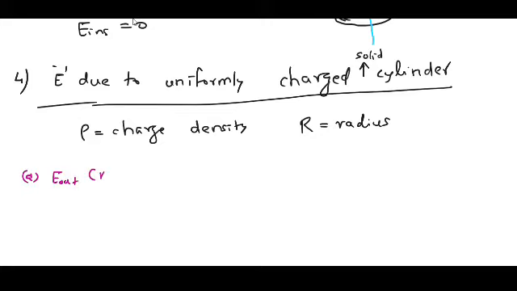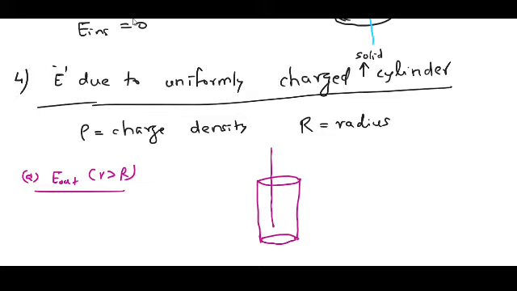As usual, first we need to calculate the electric field outside. E outside, that is r greater than R. This is our cylinder whose radius is this R. To find out the electric field outside, we need to construct a Gaussian surface outside.